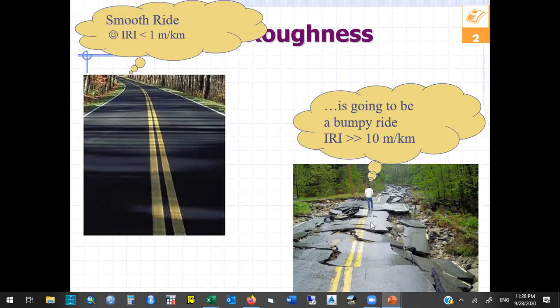Of course, the one on the right-hand side is a joke. You will not drive over that. But this is like the terminal state when the rutting, when the roughness goes to 80, 90, a very large number. We will typically have a value that goes somewhere between 1 and 10 maximum.